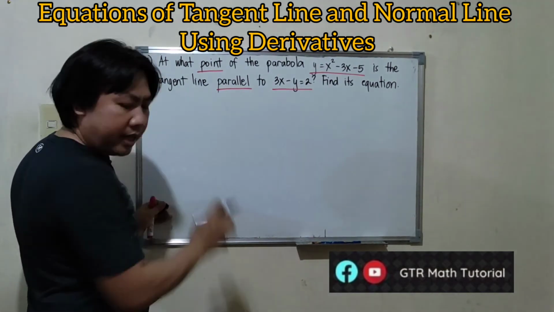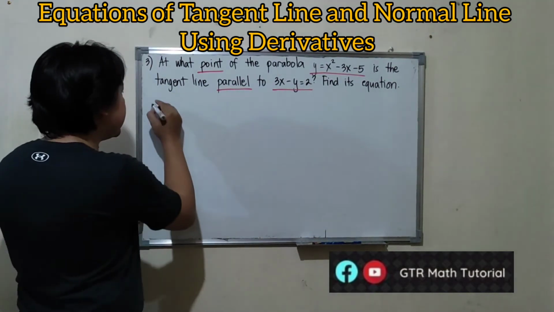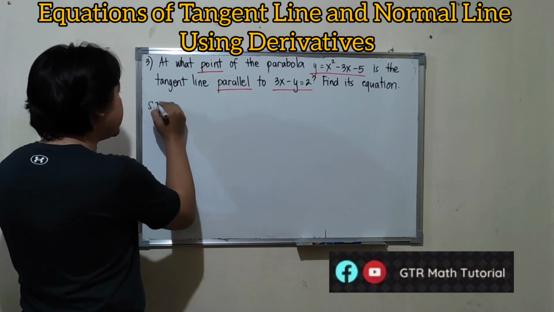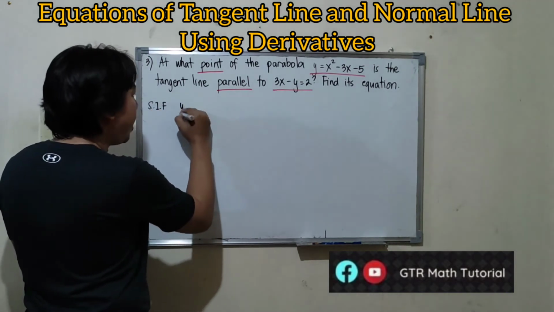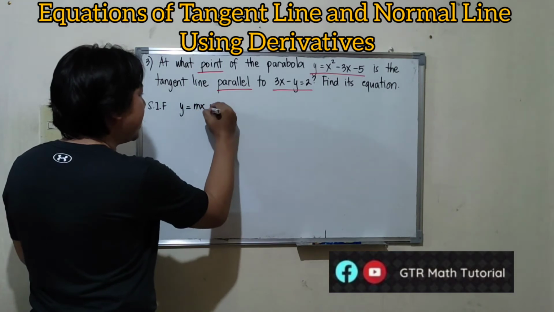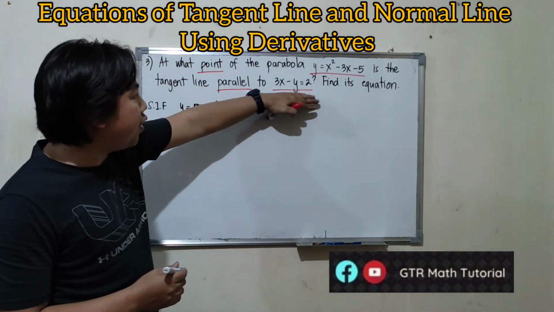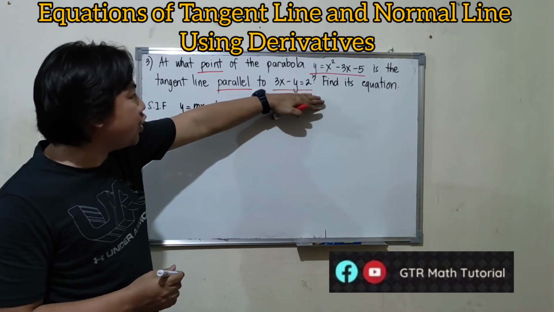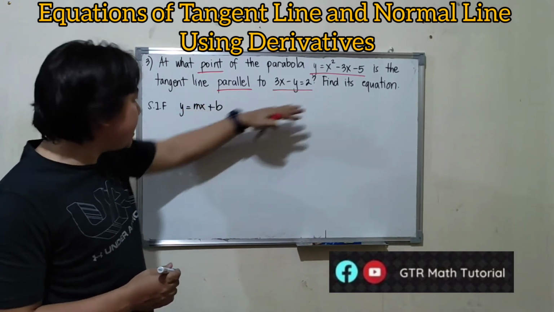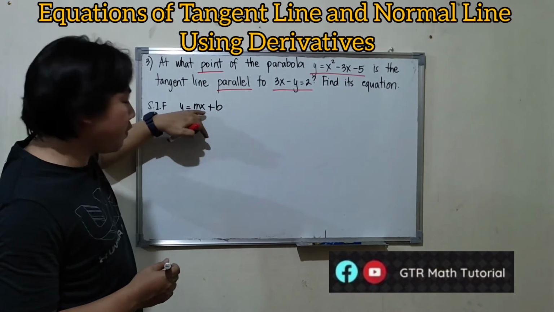So slope-intercept form is y equals mx plus b. So just solve for y in this equation, 3x minus y equals 2. So the slope is the coefficient of x.